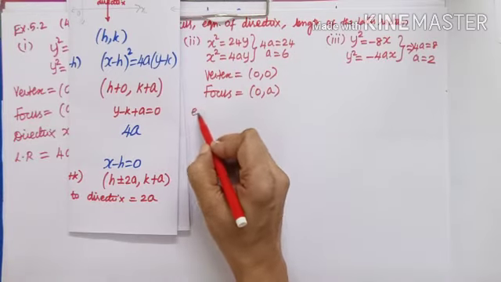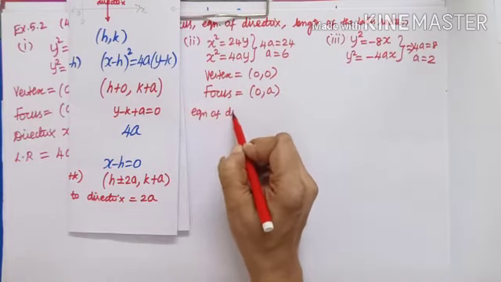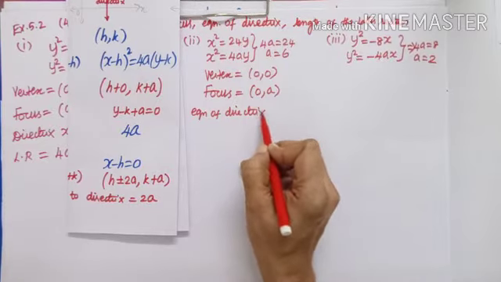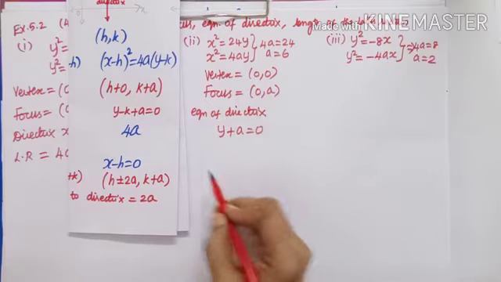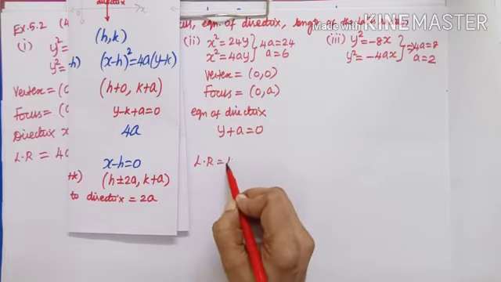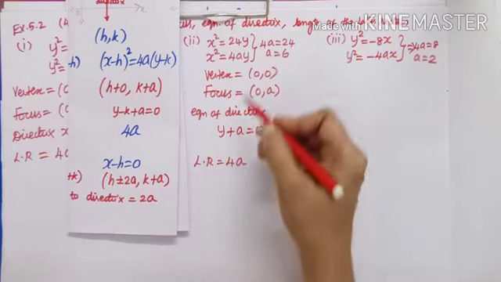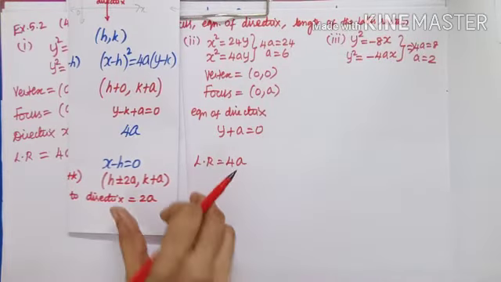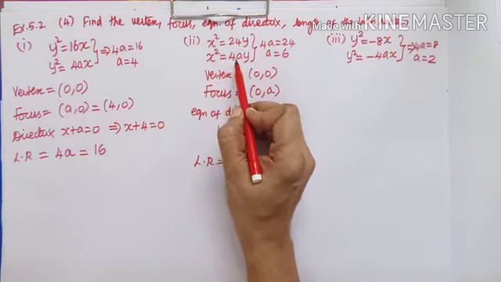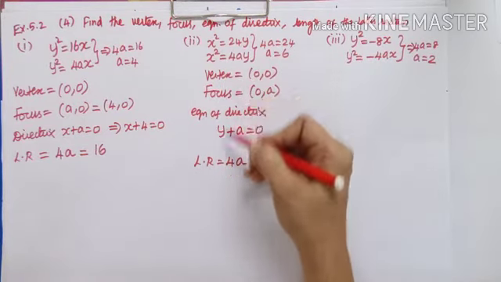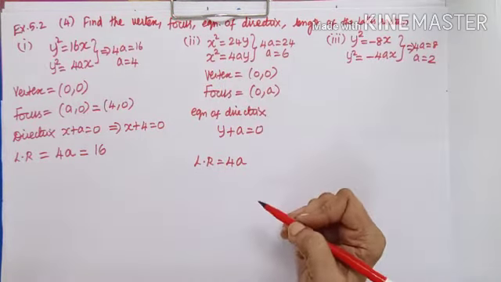Then the directrix. Equation of the directrix. The formula is y plus a equals 0. And latus rectum, the length is 4a. And we will apply this in this particular problem. Now this is x square equal to 4ay. How can we easily remember this formula?